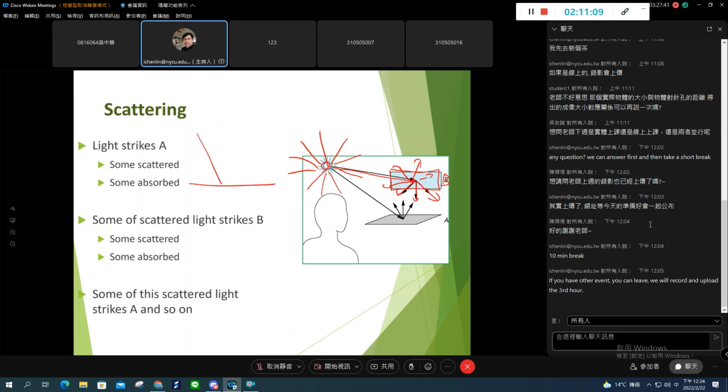So when light is emitted or cast on the surface, the surface takes part of the light. For instance, this is 100% of the light, and this is the surface, and depending on the different kinds of material, for instance, 80% of the light is absorbed, and 20% is reflected.